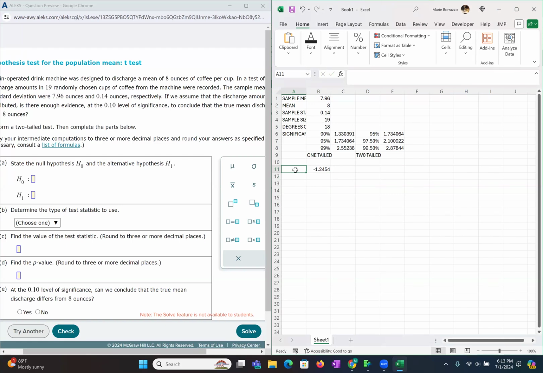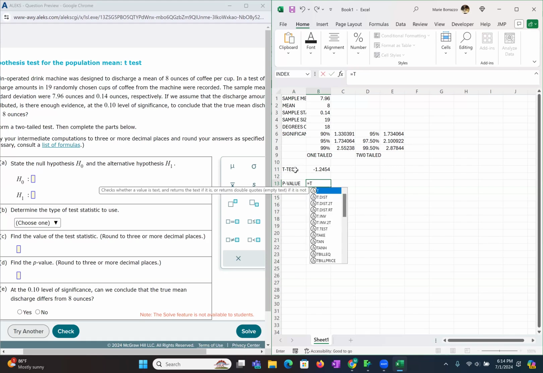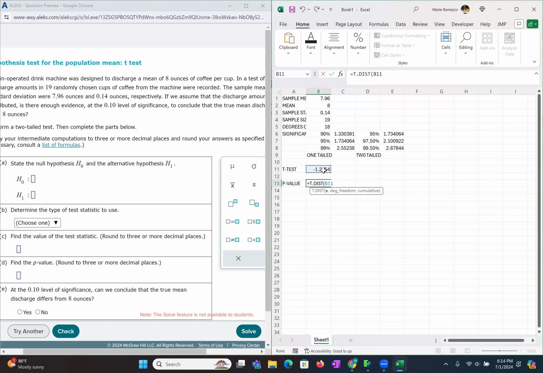When we do the p-value, we're going to use the t dot dist. So this is the t-test or test statistic. Now they want the p-value. So the p-value, I want you to look at it like this. This is equal to t dot dist, negative 1.24.